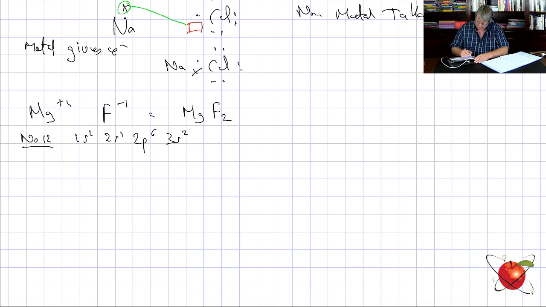And fluorine is number 9, so it's 1s2, 2s2, that's 4, 2p5. Please note this is at the end of the second basement and the others are in the third level, right?